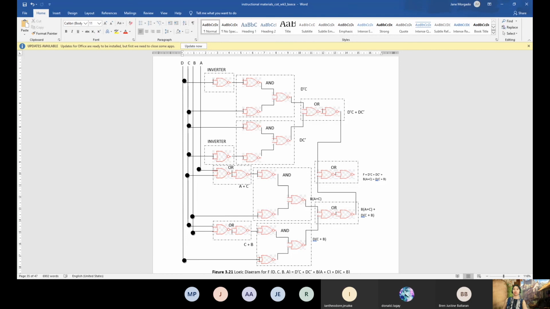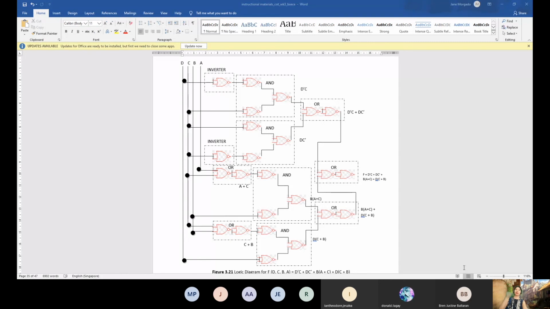What would be next? Class, what's next? Cancellation, ma'am. Okay, so we will cancel if you have double inverters in cascade, one after another.